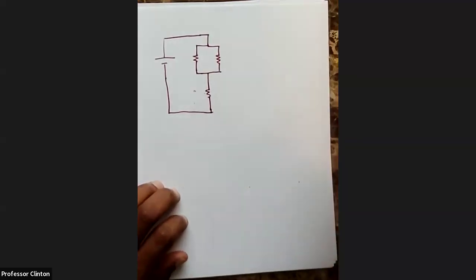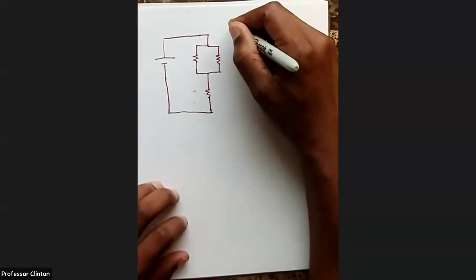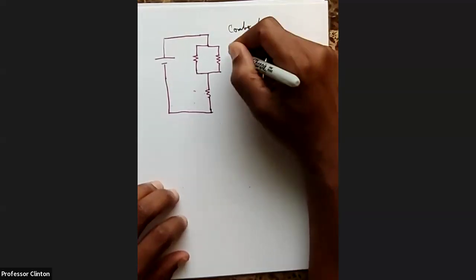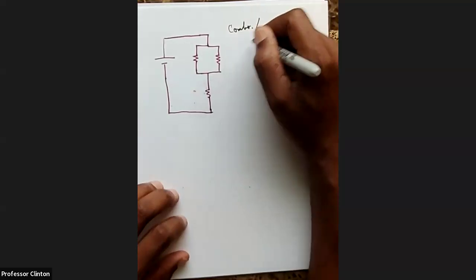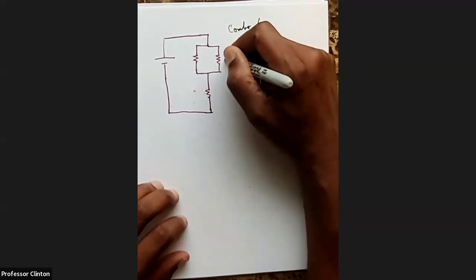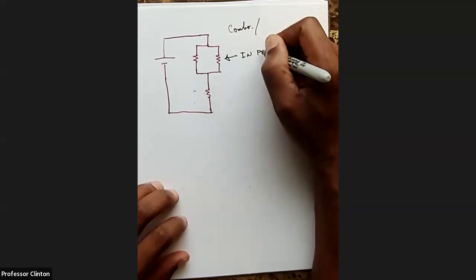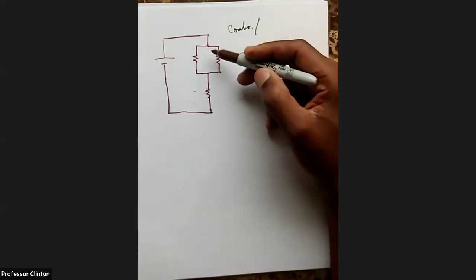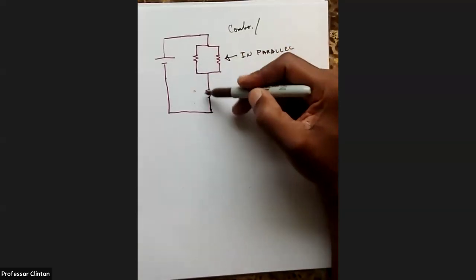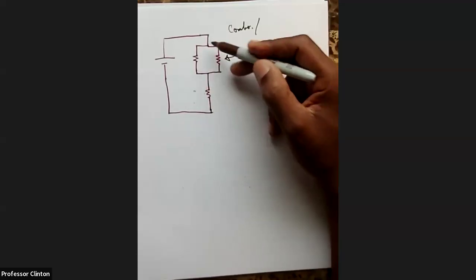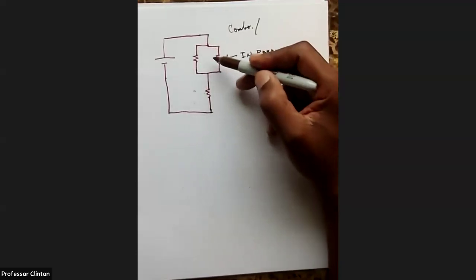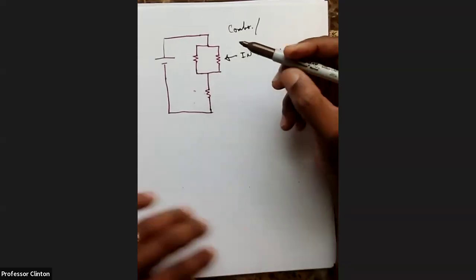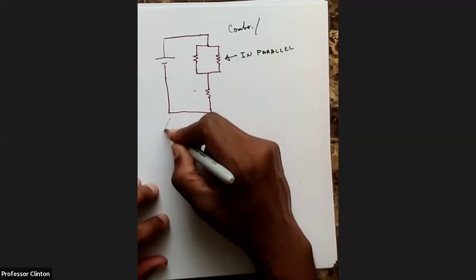You have a combination of resistors in parallel. These two are in parallel. And relative to this resistor, this equivalent resistor is going to be in series with this resistor. So let's do this in pieces.